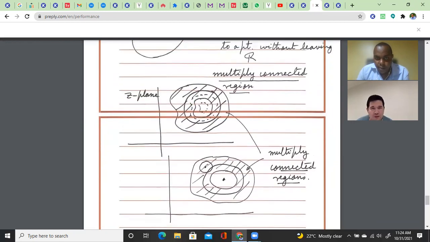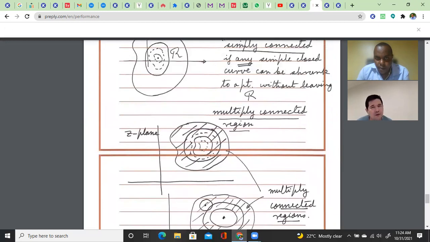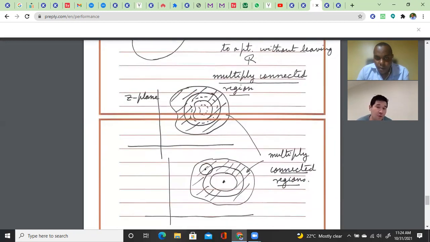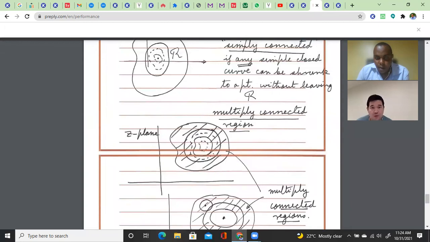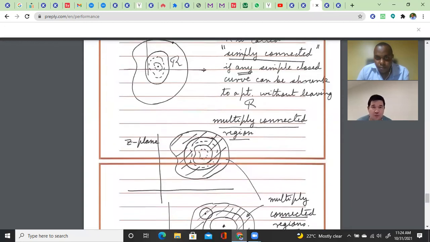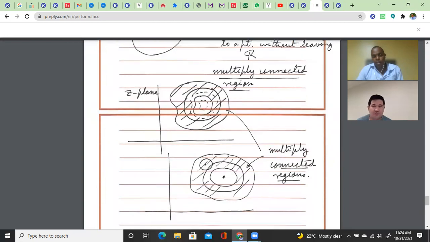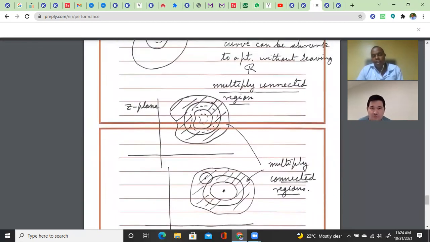I think here we have a few closed curves, one inside another one. For you to shrink a curve to a point, you are going to leave the region.